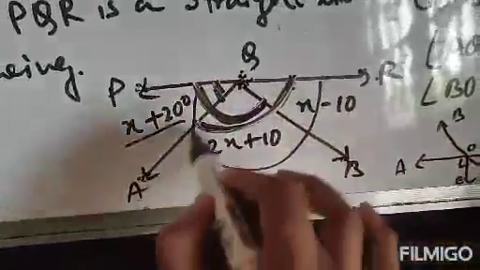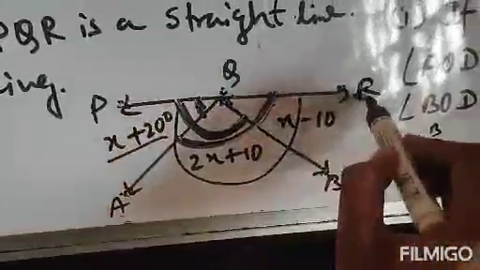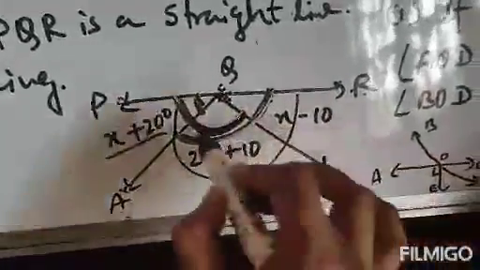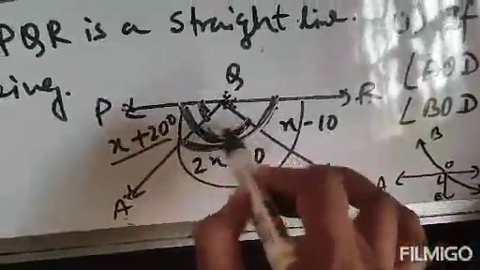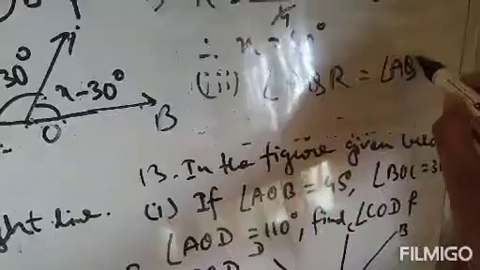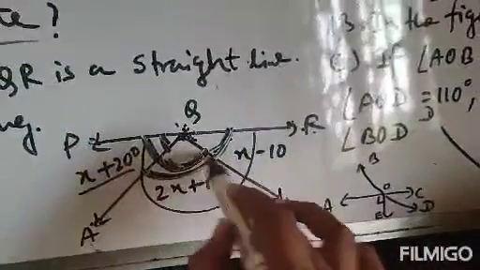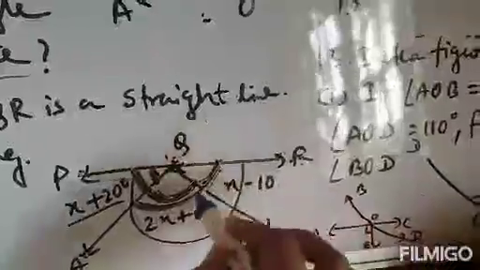AQR means AQB, this portion, and BQR, this portion. So AQR means AQB, this portion, plus BQR, this portion.